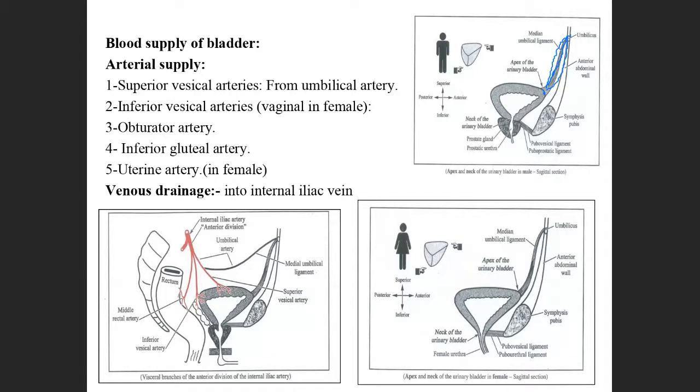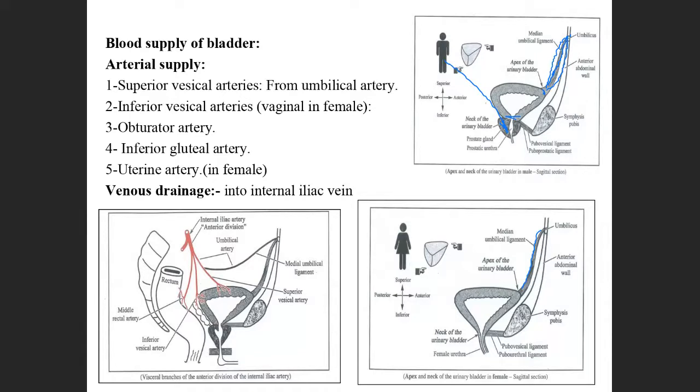In the female also it is like this. Whereas this part is the neck, the lower part. The neck of the urinary bladder is related to the prostate gland in males. There is no prostate gland in females. Now you got the difference? Okay.